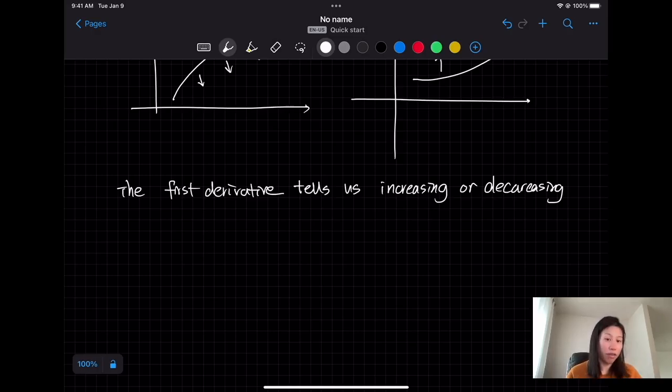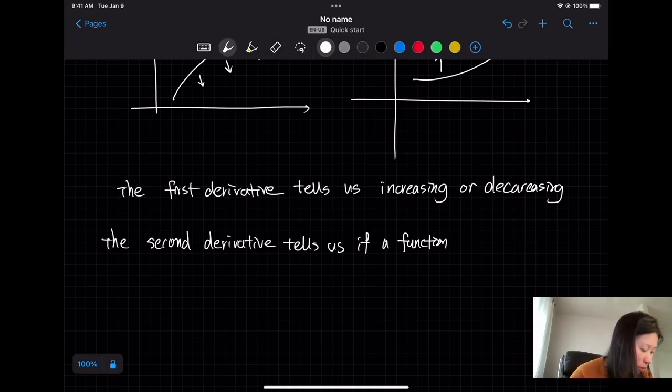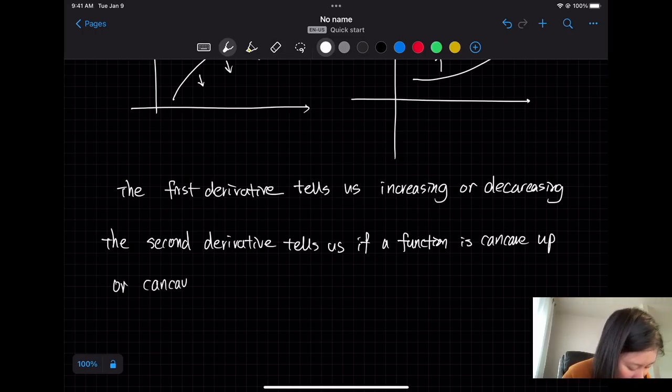If it's negative, that means it's a decreasing function. And then the second derivative tells us if a function is concave up or concave down.